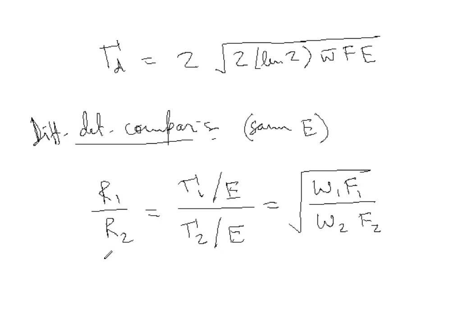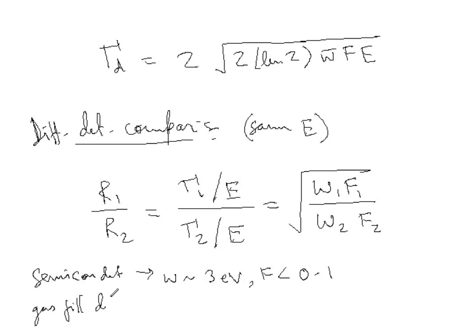So this is the reason for better energy resolution of a semiconductor detector, because a semiconductor detector has W of the order of 3 eV and F much less than 0.1, whereas for a gas filled detector, W is of the order of 30 eV and F is of the order of 0.2.